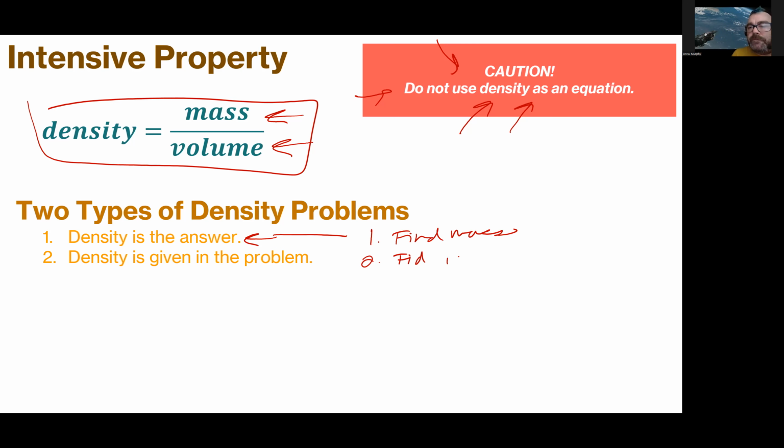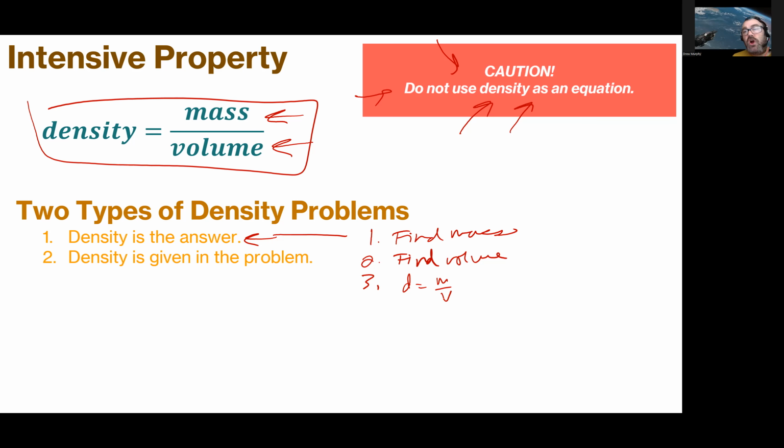Find the volume. Again, the volume could be given, or you might have to calculate what the volume is somehow. Somehow you got to find the volume. And then the third thing you're going to have to do is say that the density is the mass divided by the volume. This is pretty much the only time that I would use density as an equation. Find the mass, find the volume, and do that.